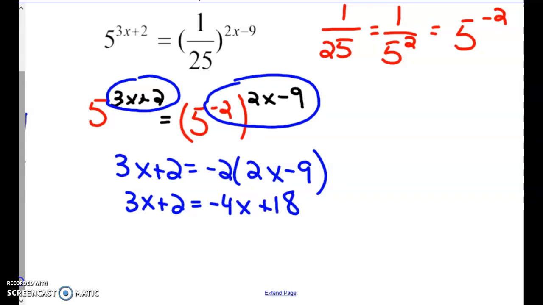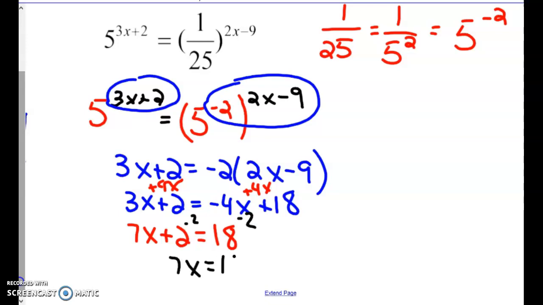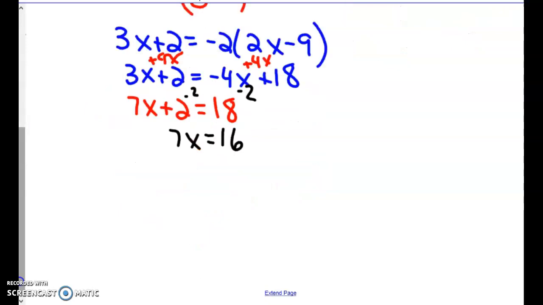Add 4 to the other side, so if I add 4, I end up with 7x plus 2. So what I did is I added that 4x. We'll minus 2 from both sides. And divide by 7.